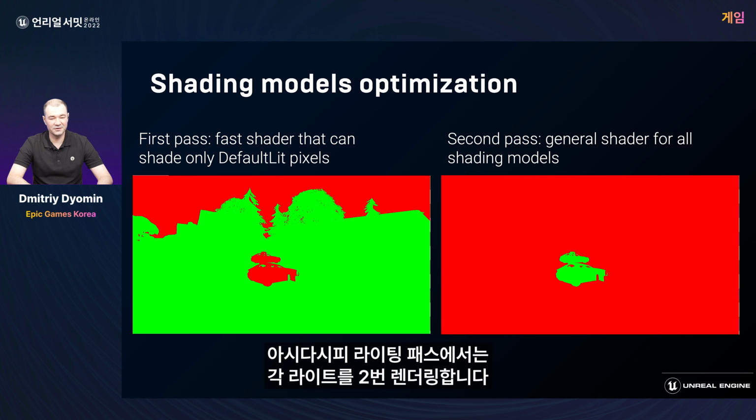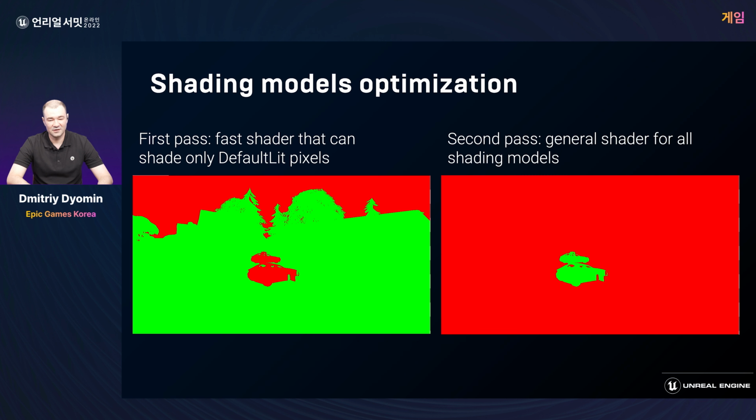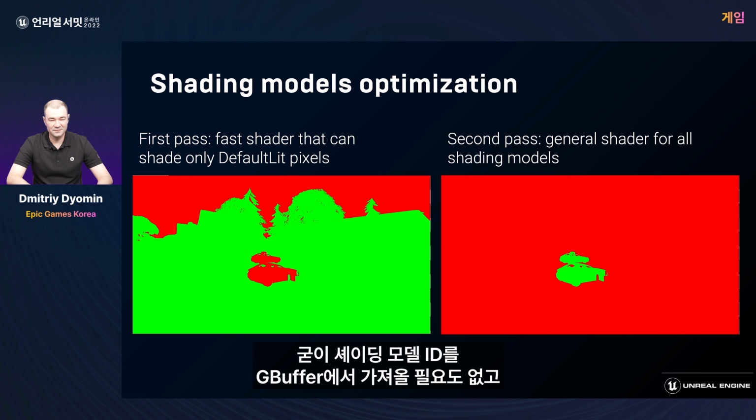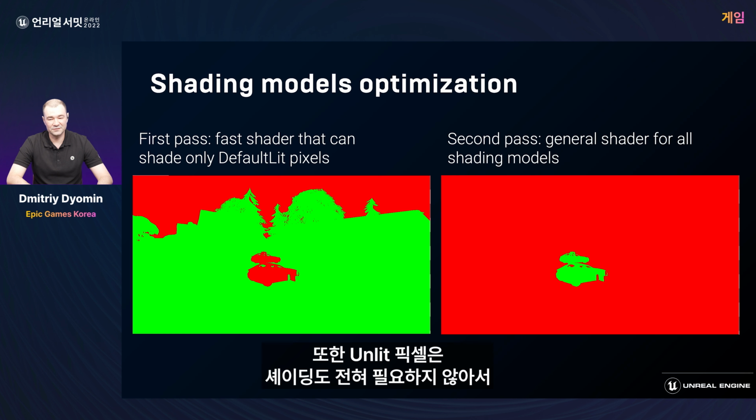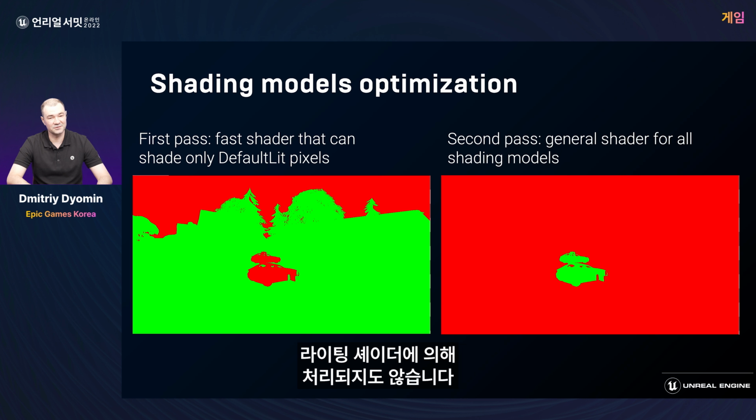In a lighting path, we render each light 2 times. At first, we use a simple and fast shader that can shade only default lit pixels. It does not need to fetch shading model ID from G buffer and does not use any dynamic branching. Also, unlit pixels do not need any shading, so they are not processed by a lighting shader. You can see on the left picture that pixels in green are passing the stencil test and get shaded.